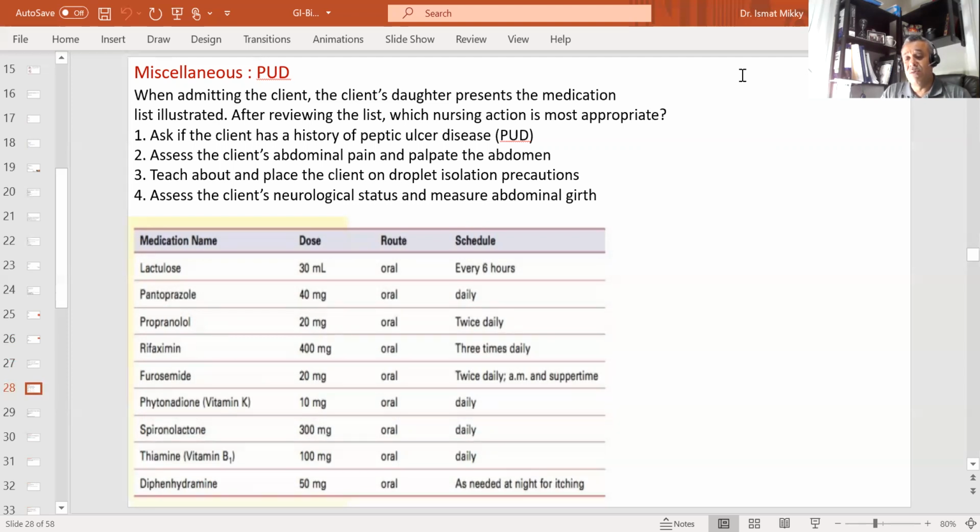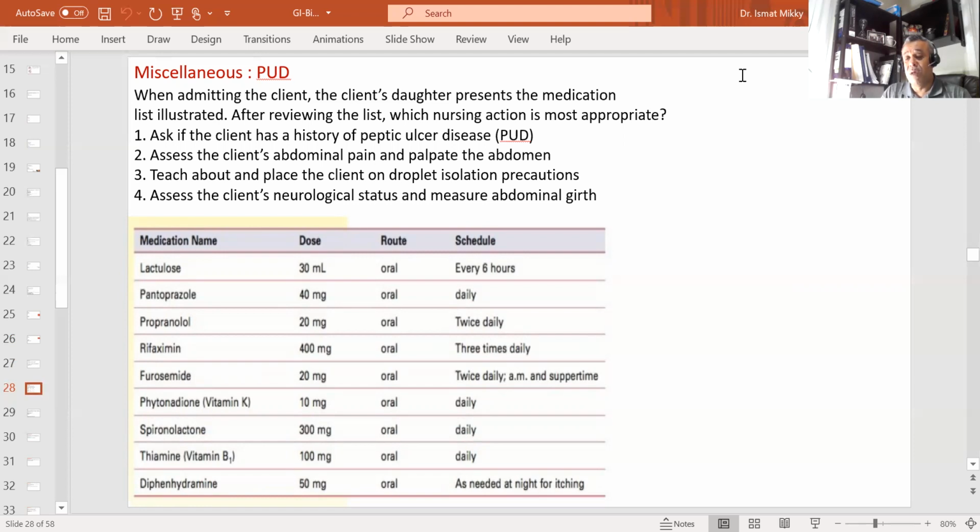Xifaxan, or rifaximin, is an antibiotic that also traps ammonia. It takes care of the excess ammonia in the GI tract and eradicates the bacterial flora, which are a source of ammonia.